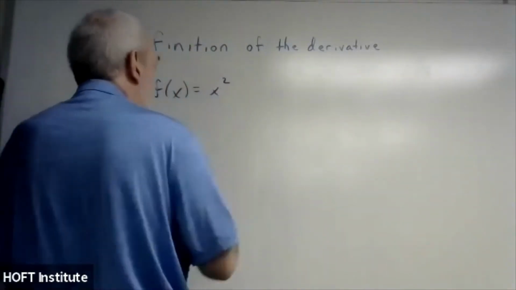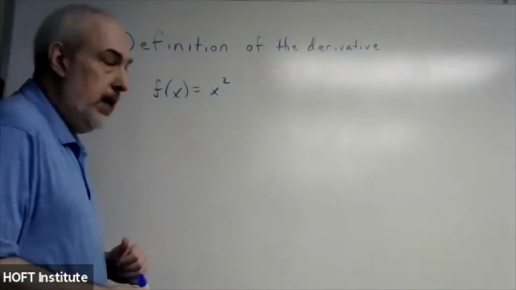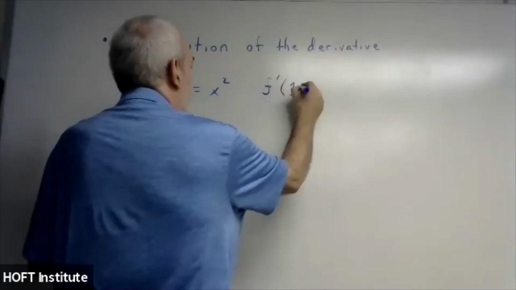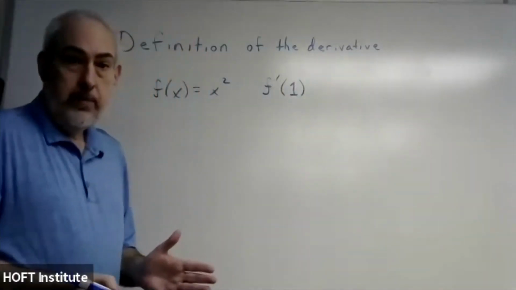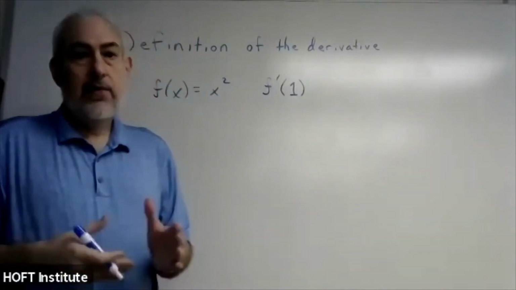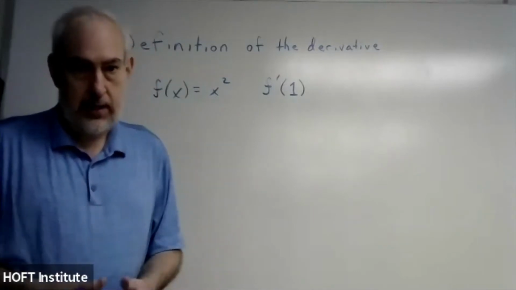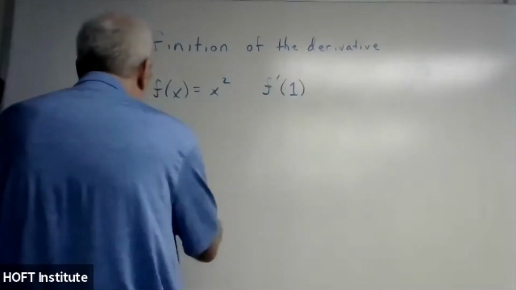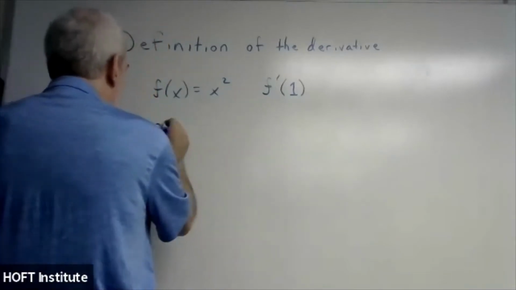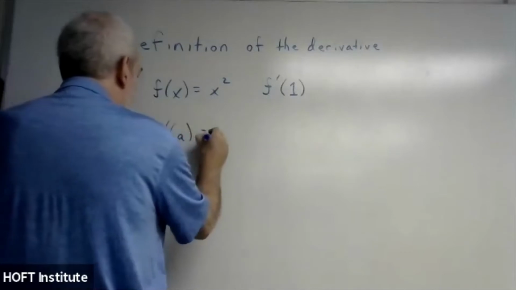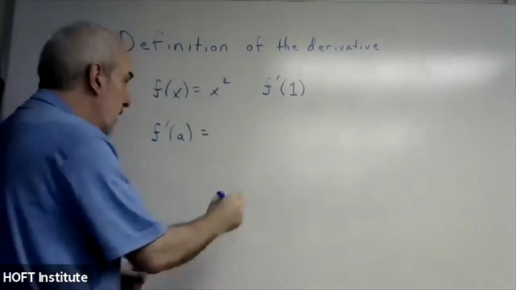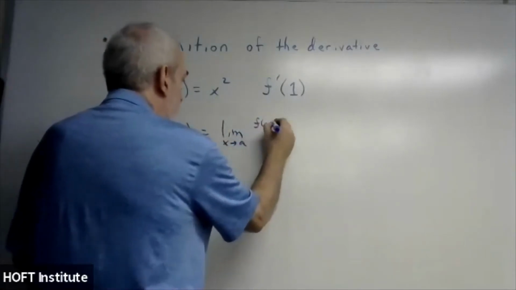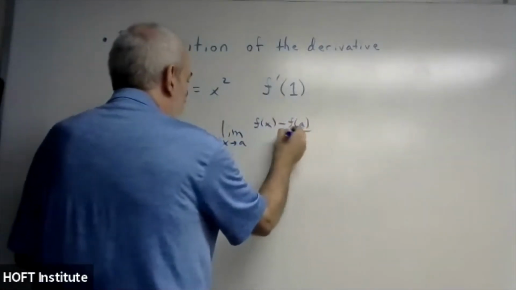Let's say that we have the function f of x equals x squared, and we're trying to compute the derivative of our function at 1, which is the same thing as saying find the slope of the tangent line at a equals 1. Okay, so I'm just going to straight up use our definition. In fact, I'll write the definition first. The derivative of our function at a is the limit as x approaches a of f of x minus f of a over x minus a.